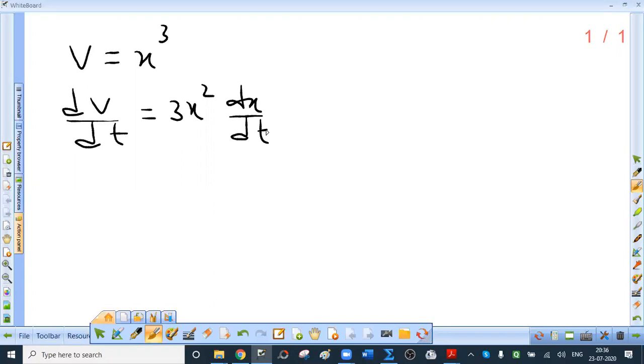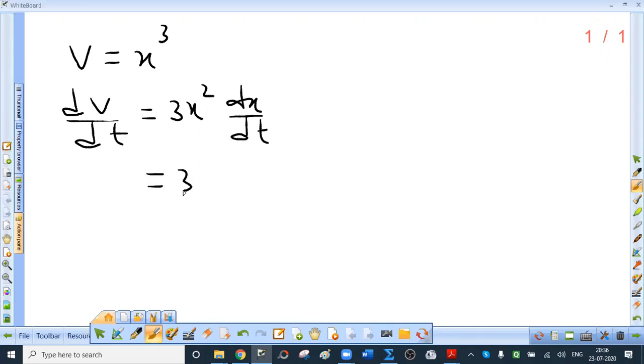Then you have to say we are given dx dt equal to what? 0.6 centimeter per second. Am I right? Yes. And what is x? x is 2 centimeter. So you have to mention this. Okay. And then only substitute.